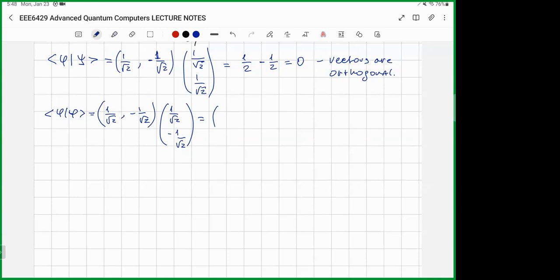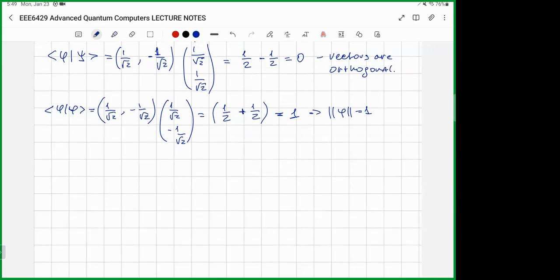So 1 over square root of 2 times 1 over square root of 2 is 1 over 2, then plus minus 1 over square root of 2 times minus 1 over square root of 2 is plus 1 over 2. Half plus half gives you 1. And hence the norm of vector phi is 1. So the vector is normalized.